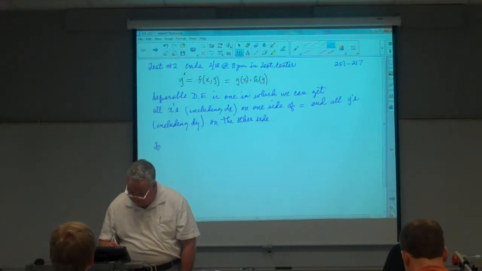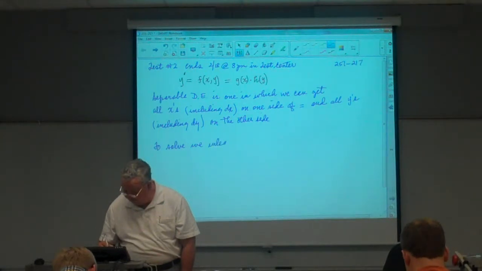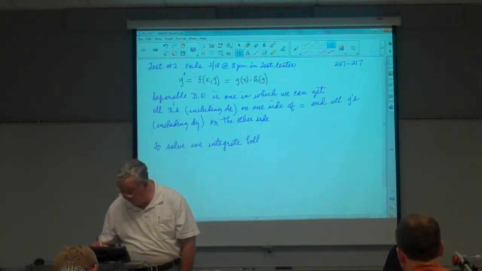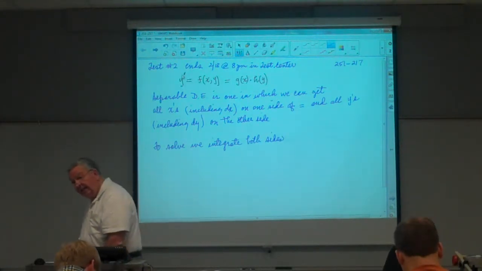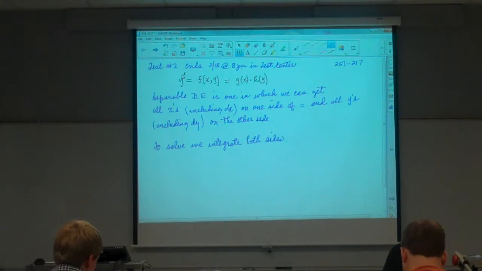To solve it, we integrate both sides. That's how separable DE works.